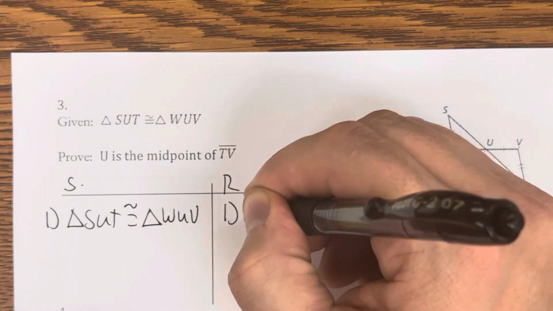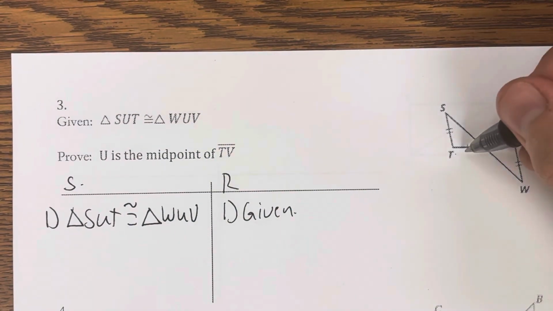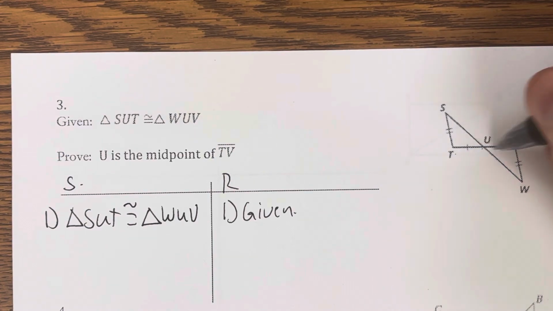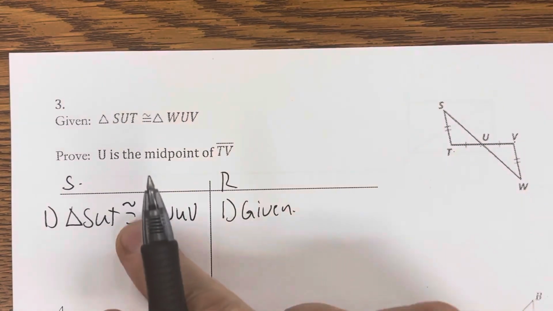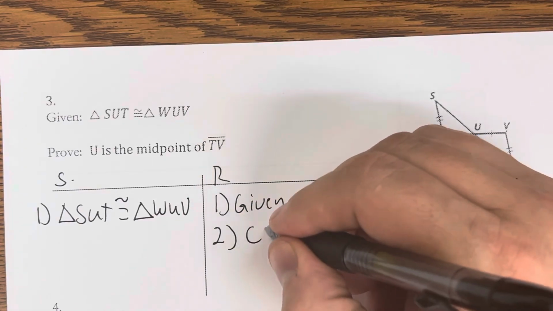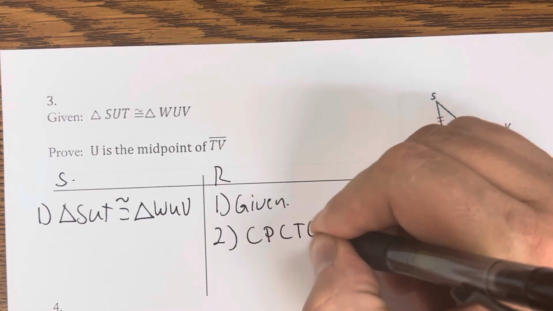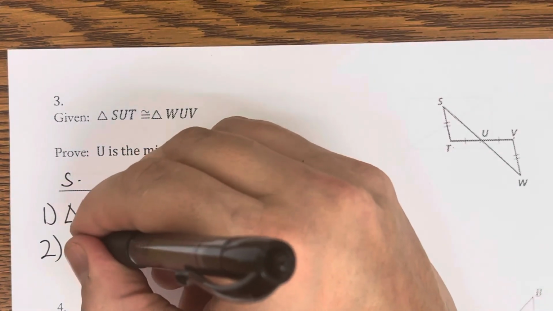That is given. So, since I have the congruent triangles, that means that UT has to be congruent to UV, which it's marked like that, but the reason why wasn't based off of a given, it was based off of the congruent triangles. So I need to state I'm using corresponding parts of congruent triangles are congruent, so I know that TU is congruent to UV.